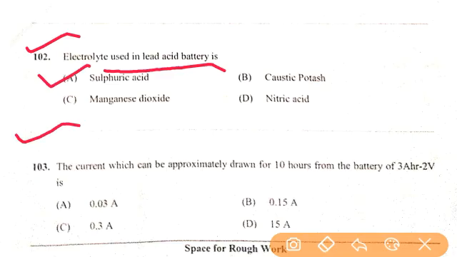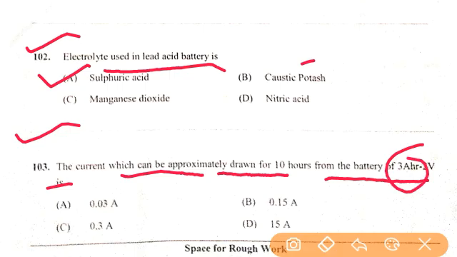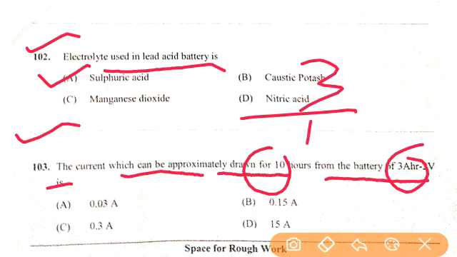In the next question, the current which can be approximately drawn for 10 hours from a battery of 3 ampere hour, 2 volt, is: the battery is rated 3 ampere hour, so for 10 hours it will be 3 by 10, that equals 0.3 ampere, which is the correct answer.